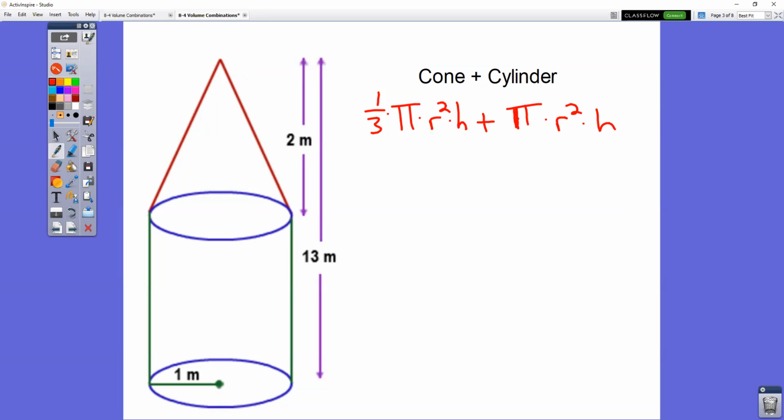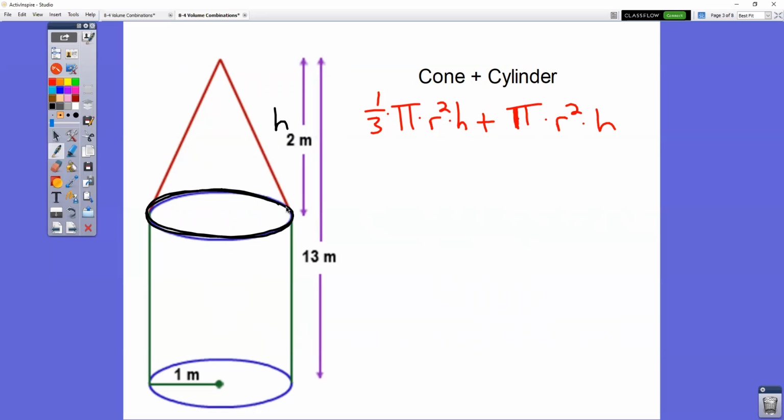When we take a look at identifying the parts and pieces in our cone, notice that the 2 is the height of the cone. All right, that makes sense. But for your radius, it looks like it's blank right here. Well, what is the radius? What you have to remember about a cylinder is that the top and the bottom of the cylinder are the same thing.